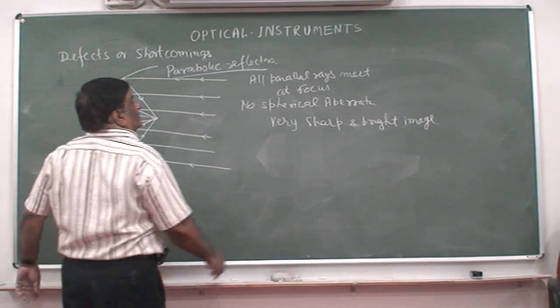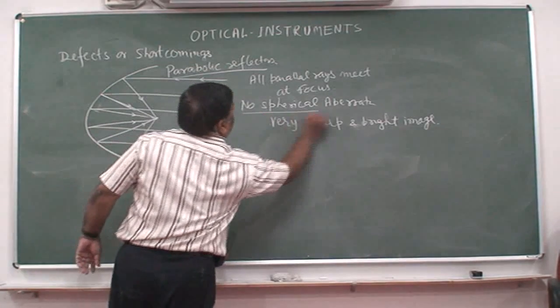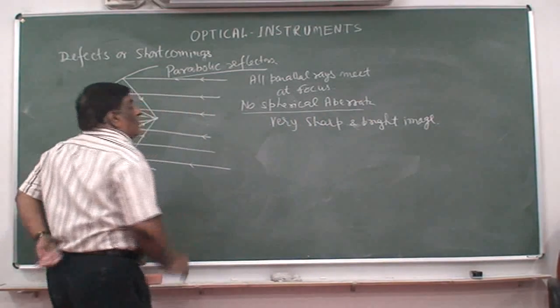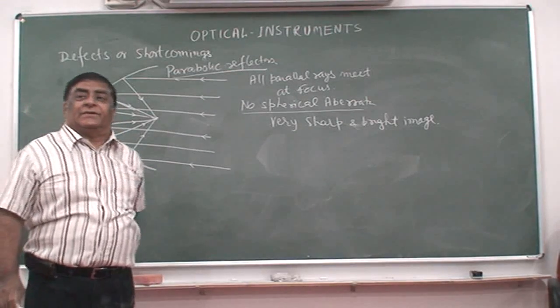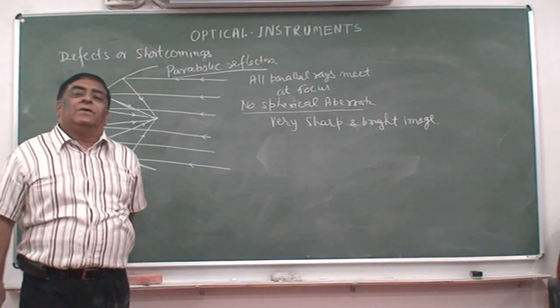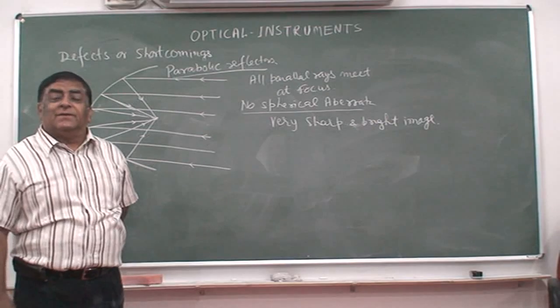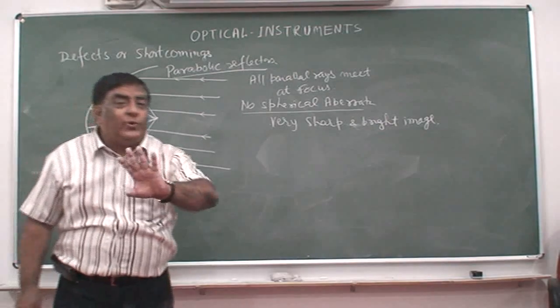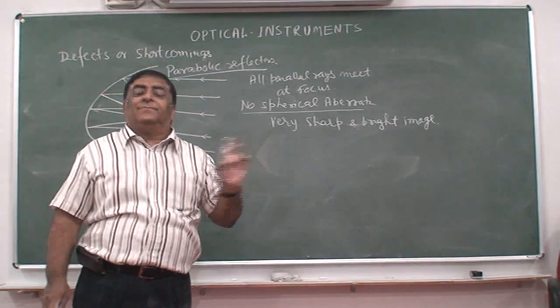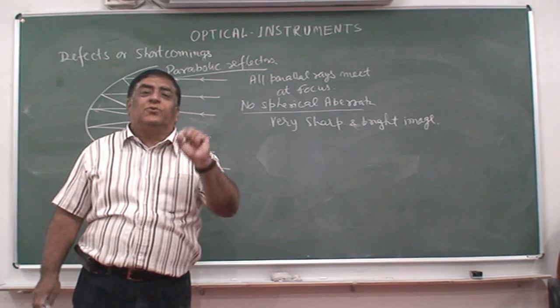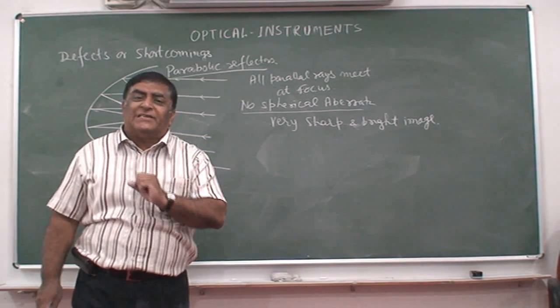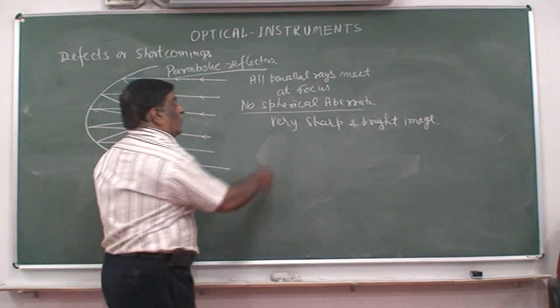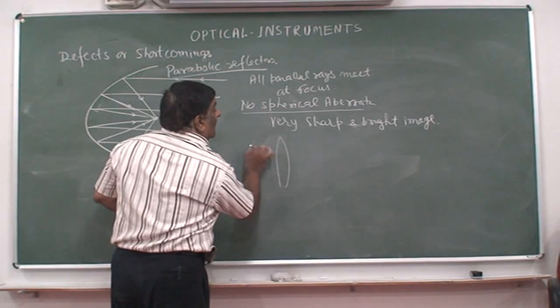Second thing. What happened to chromatic aberration? How do we correct it in this? The answer is there is no need to correct it, because what is the root cause of chromatic aberration? The root cause of chromatic aberration is refraction.